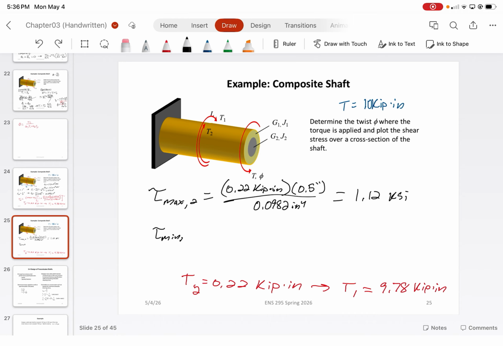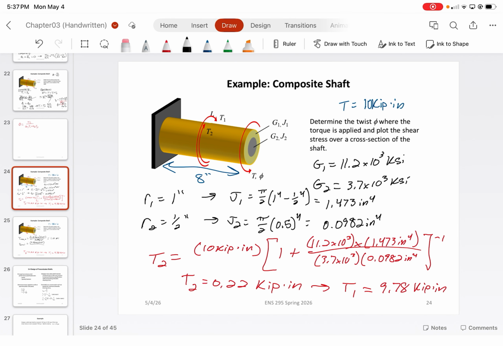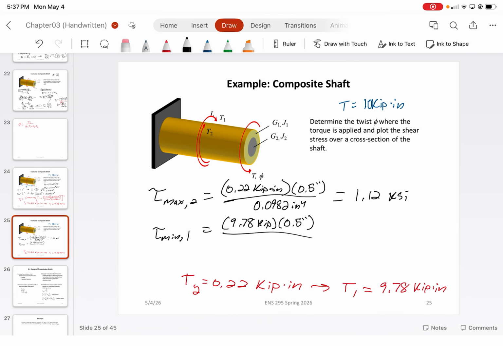Now tau min for item 1 would use that 9.78 kip inches. The same radial position is 0.5 inches. And this time you're using a J1 of 1.473.